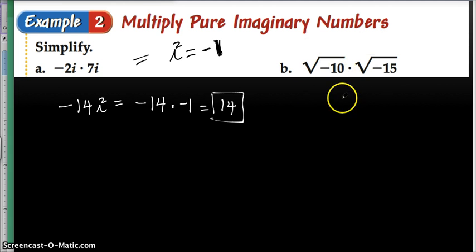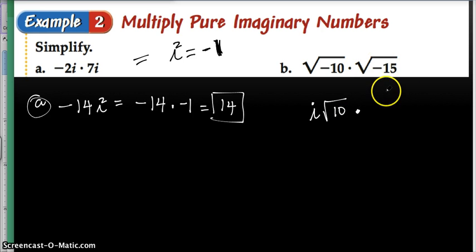If we take a look at this next one, remember what we mentioned before. When you have this kind of a radical, the first thing you want to do is pop out the i. So if I have a negative square root of 10, I'm actually going to look at this as i times the square root of 10. Remember, that -1 is going to be that i. Over here, we have the same situation.